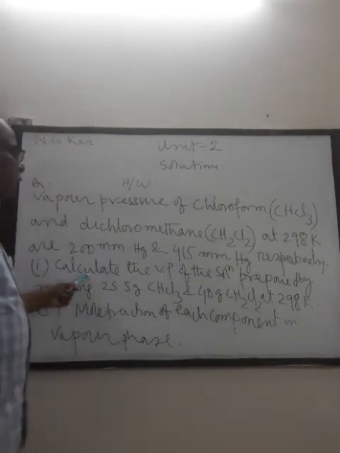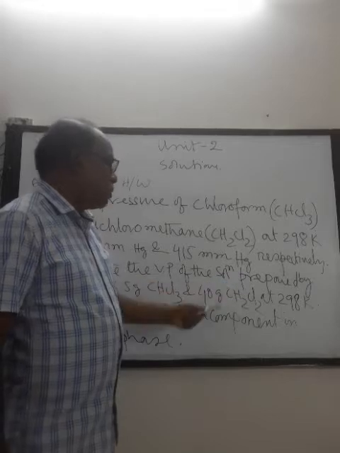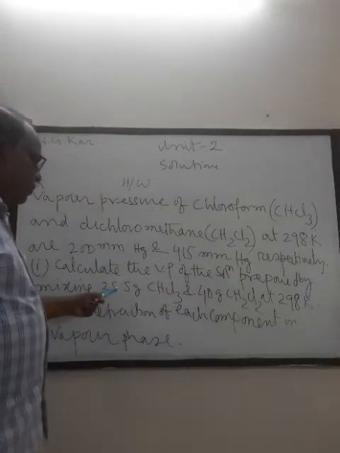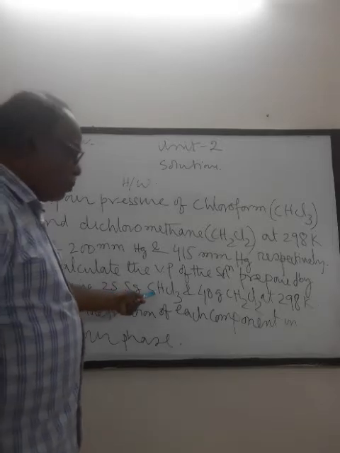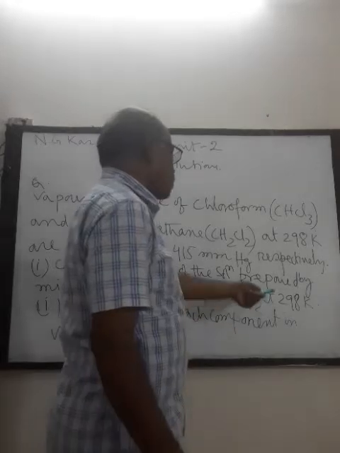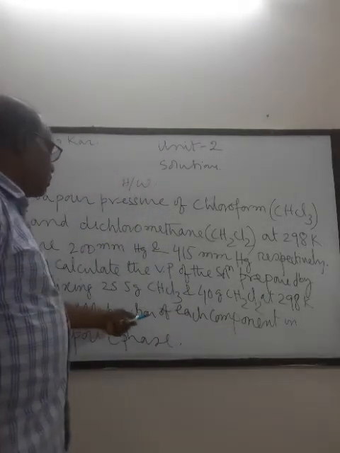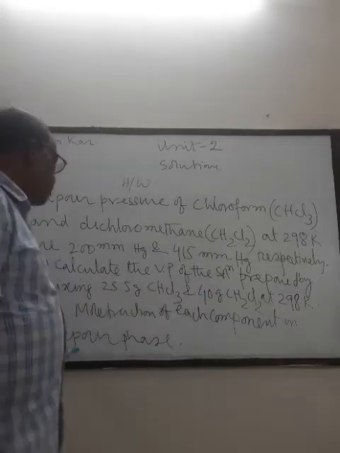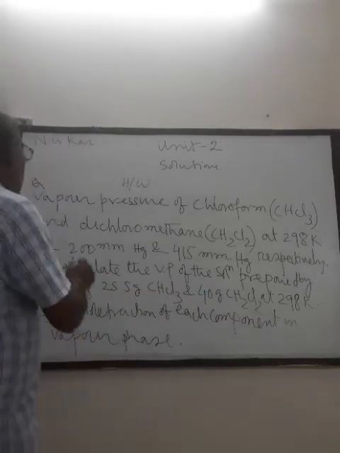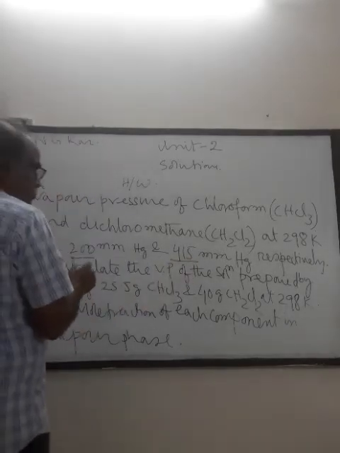Number 1, calculate the vapor pressure of the solution prepared by mixing 25.5 gram of chloroform and 40 gram of dichloromethane at 298 Kelvin, and also the mole fraction of each component in the vapor phase.